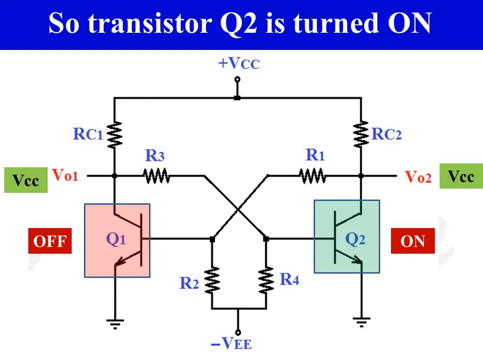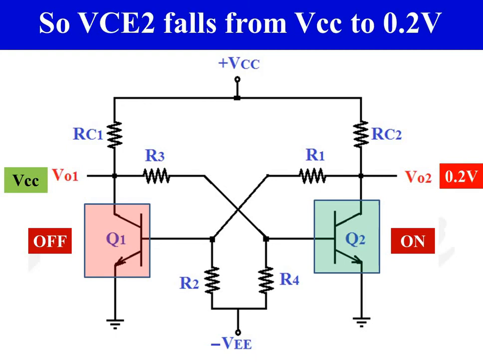As transistor Q2 is turned on, its collector voltage drops from VCC to 0.2 volt. As the collector voltage of transistor Q2 drops, the base potential of transistor Q1 becomes negative. So transistor Q1 continues to be in the off condition.